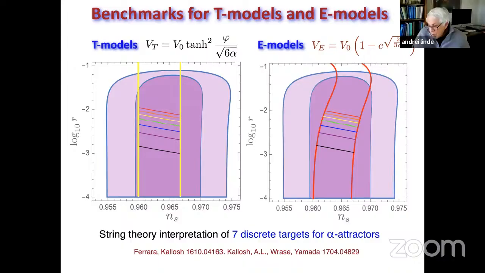What I can say is very little. If you look at several different papers which we have written with Renata Kallosh and several collaborators a couple of years ago, with Yusuke Yamada and others, we studied, for example, a supergravity theory motivated by type IIB string theory.